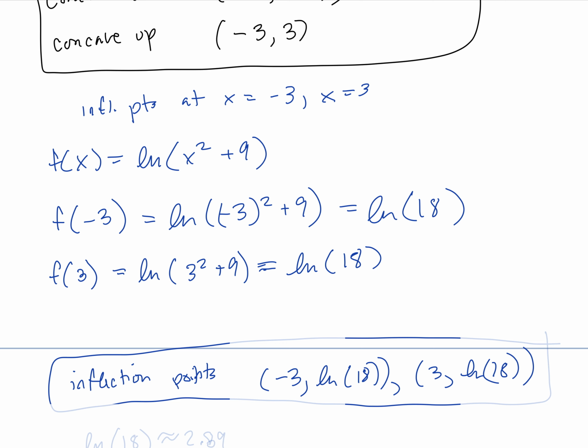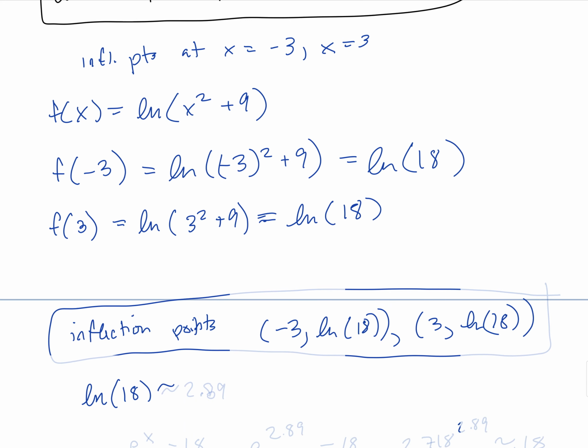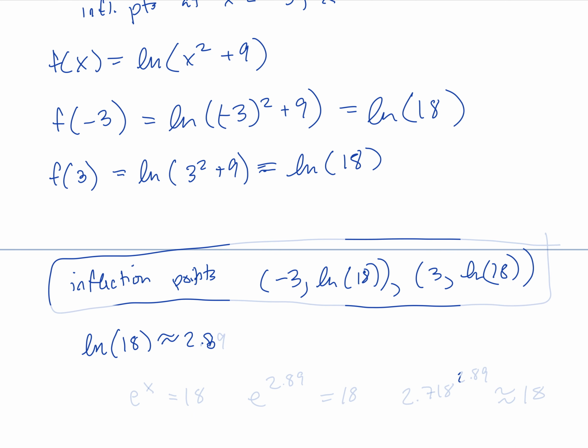You could also calculate those using a calculator and find an approximate value. If you do that, you'll find that natural log of 18 is approximately 2.89. It's an irrational number. It goes on forever, but it's approximately 2.89. So again, remember, natural log and e are inverses of each other. So what that means is saying e raised to what power is 18.